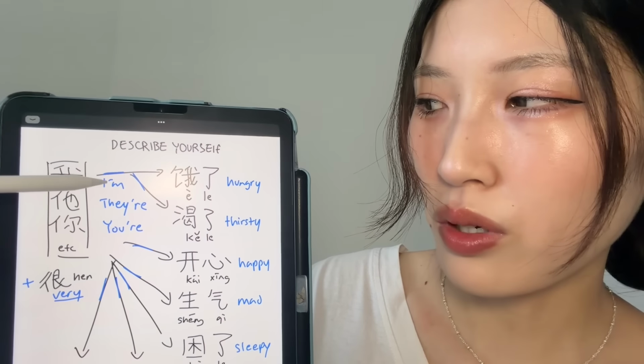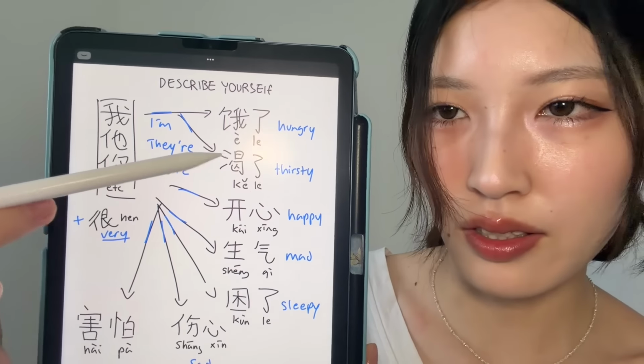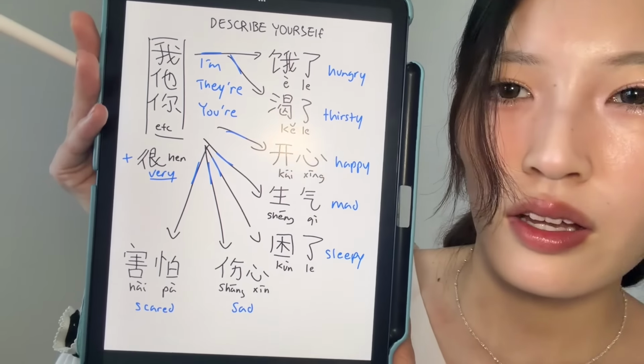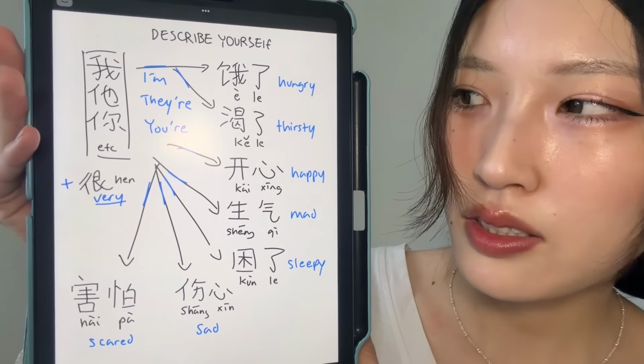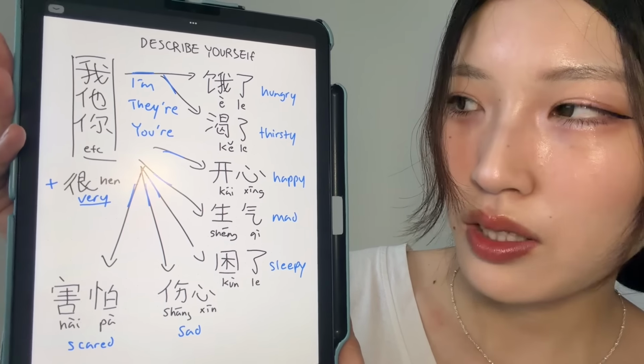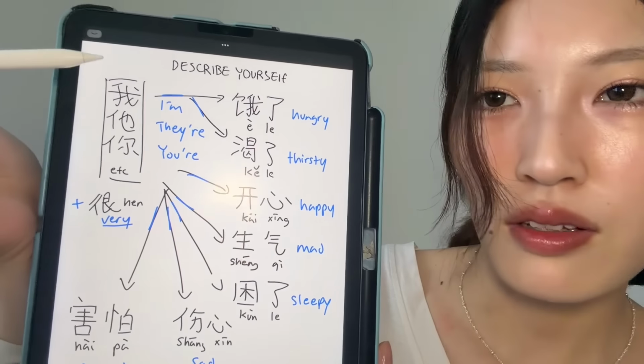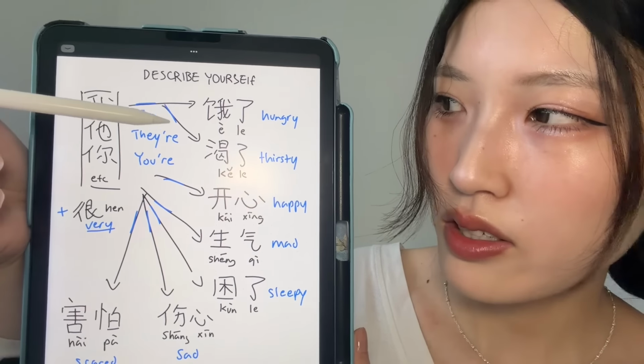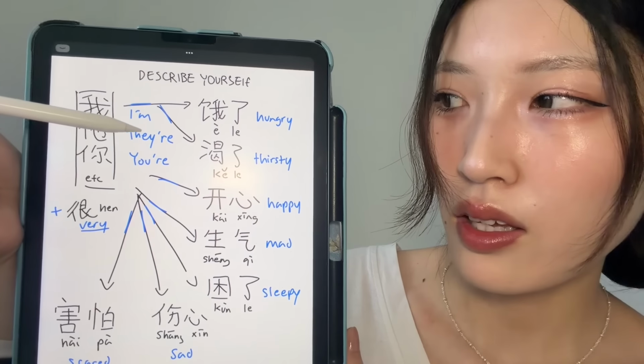So 我饿了, I'm hungry, 我渴了, I'm thirsty, 我开心, I'm happy, or you could say this interchangeably with any of the other things here. 她渴了, she's thirsty.